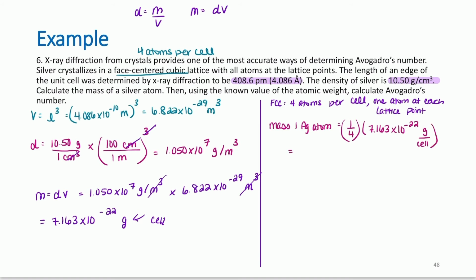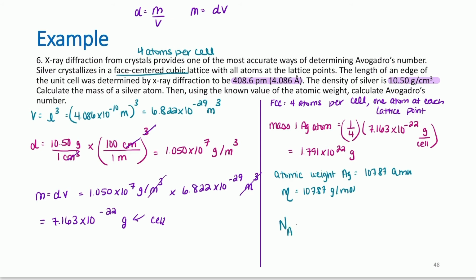The mass of one silver atom is 1.791 times 10 to the minus 22nd grams. I know that the atomic weight of silver is 107.87 AMU, which means the molar mass is 107.87 grams per mole.